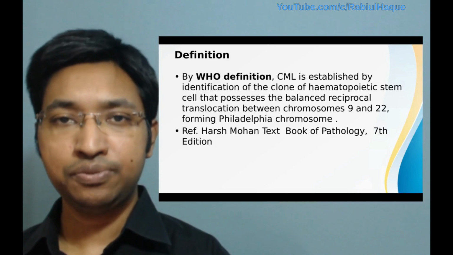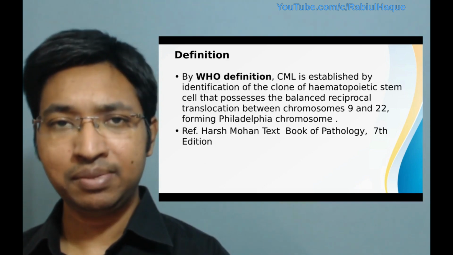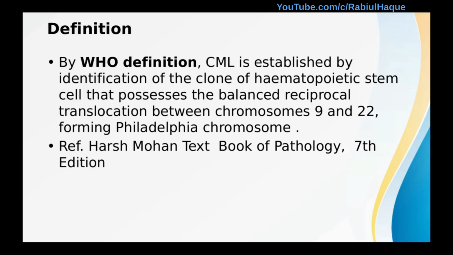So how can we define chronic myeloid leukemia? According to World Health Organization definition, chronic myeloid leukemia is established by identification of clone of hematopoietic stem cell that possesses the balanced reciprocal translocation between chromosome 9 and chromosome 22, forming the Philadelphia chromosome.